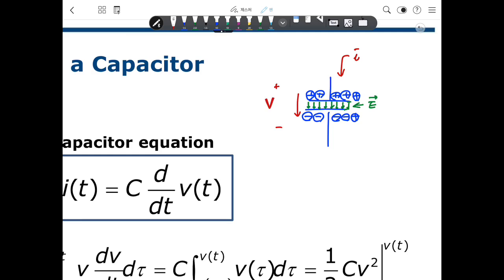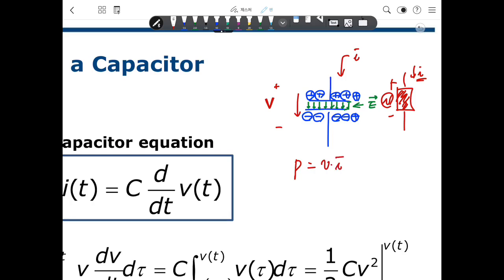So anyway, the stored power in the capacitor is, because we use the passive convention here, this is V and this is I. Now the voltage will be a function of the current, but anyway, in some specific instant, the power stored in the capacitor is VI.